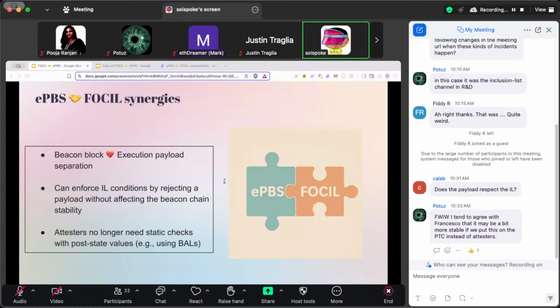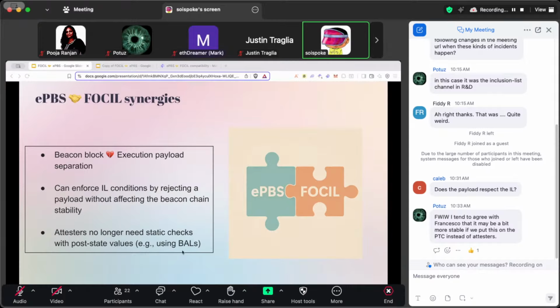This leads to two blocks, the original non-compliant block and the competing compliant block, having equal full weight. That's a very weird situation to be in. With the separation, of course, we don't have this.